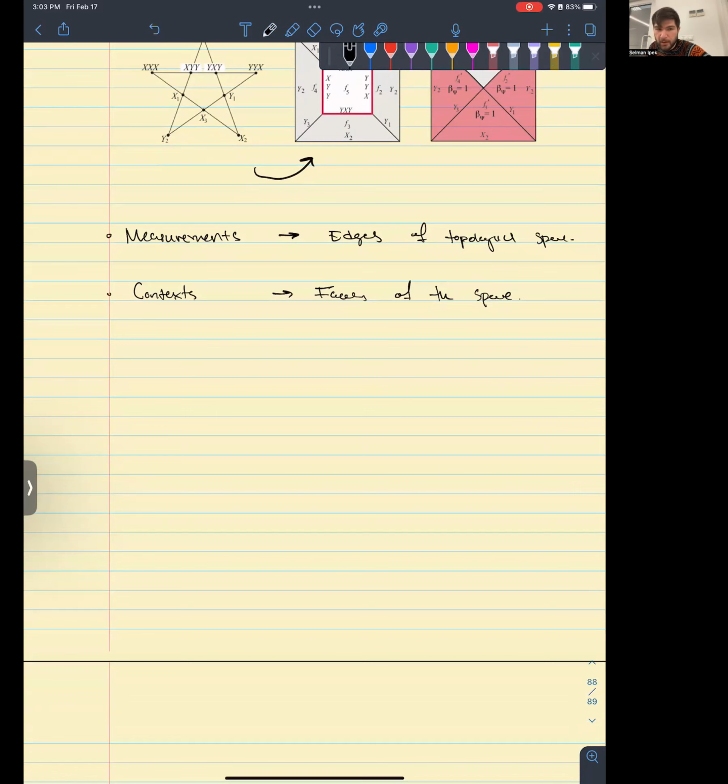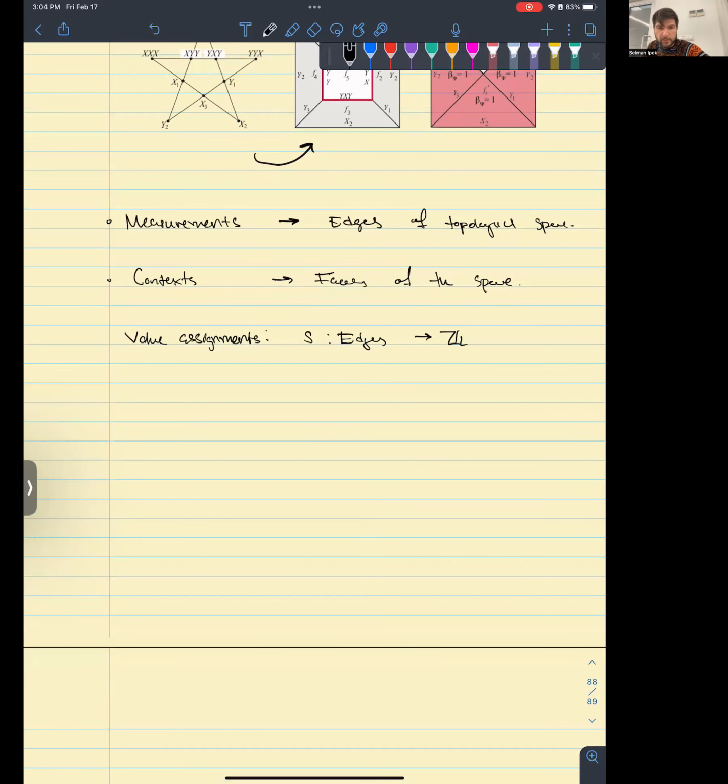And then where do you get the relationship to contextuality? Well, you have these value assignments, which are functions, as you might expect, from the edges to, in this case, Z2. You can make the whole thing a little bit more general than that, but just for our purposes, edges to Z2. And then you have this additional beta function.